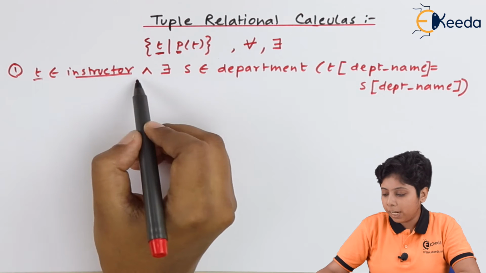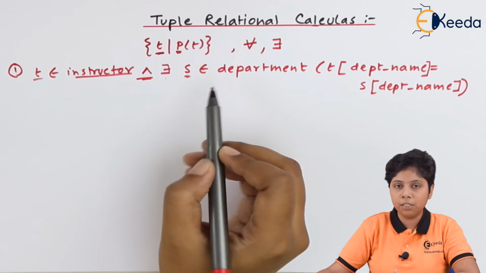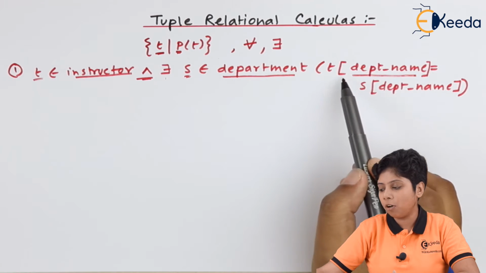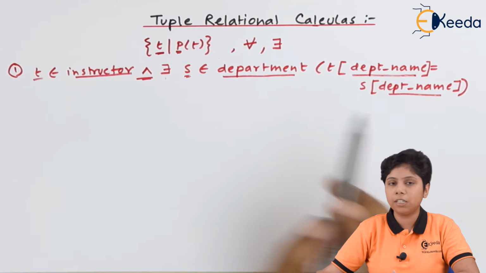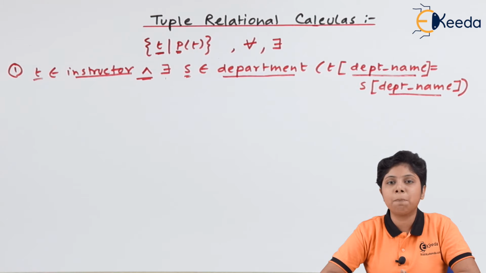Now I am giving an AND operator and saying that there exists some S variable from the department relation where the department name on that particular tuple T of the instructor relation matches the department name of that particular S variable. So now S is considered a bound variable rather than T, which was a free variable. A bound variable is a variable which has some bound or condition or predicate to be checked against it.